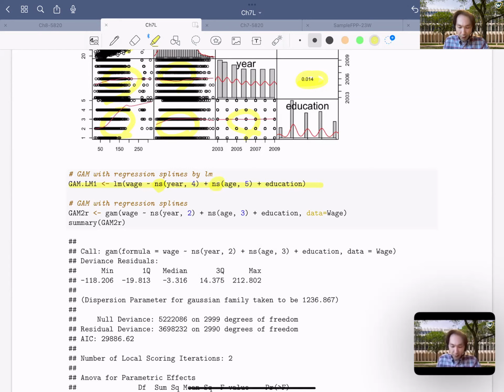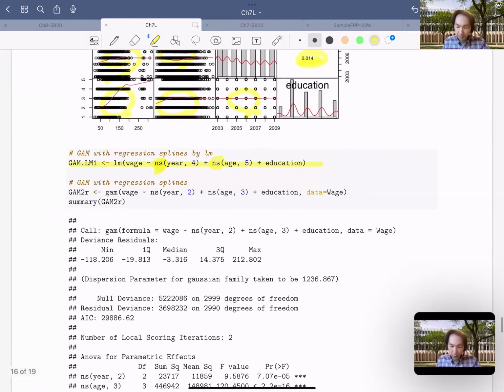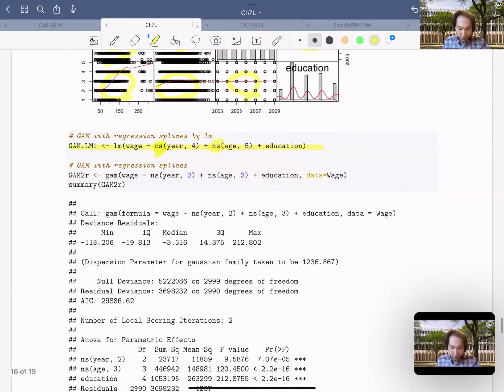This is a natural spline, the regression spline, with orthogonal basis. You can put this in, then you can fit the model.